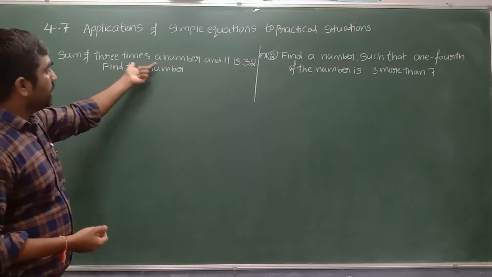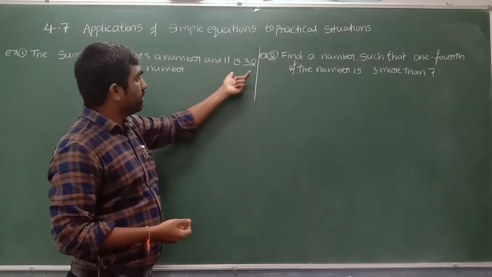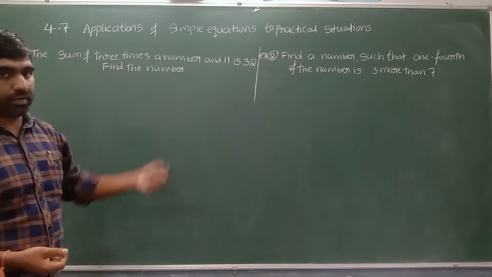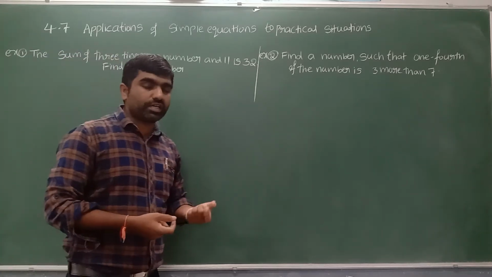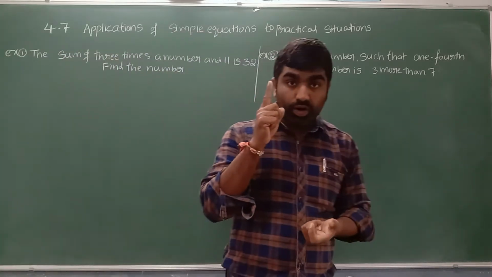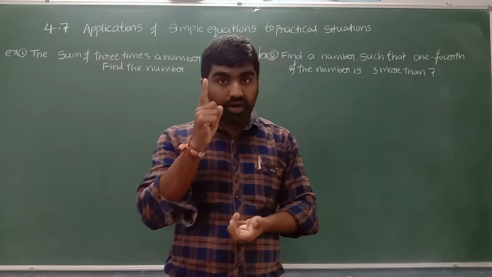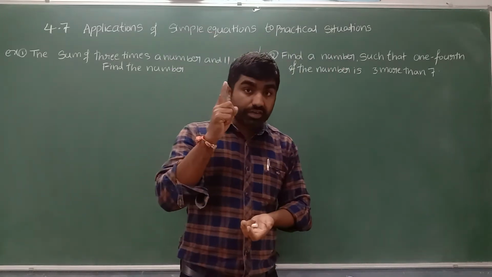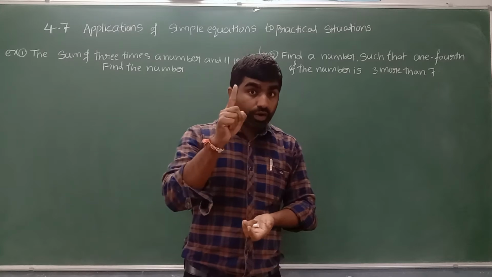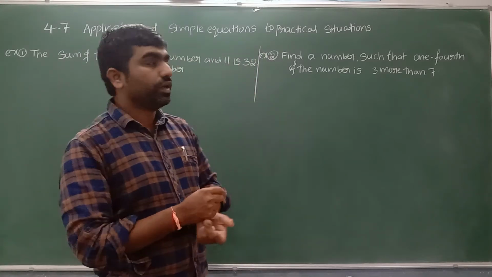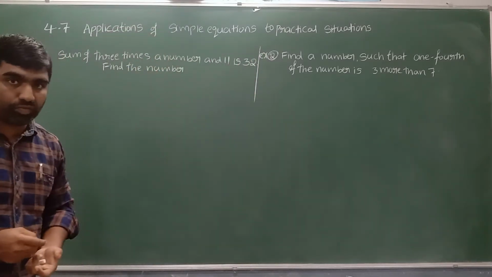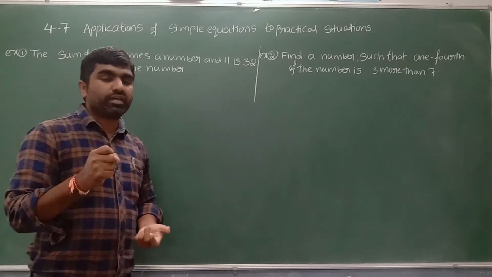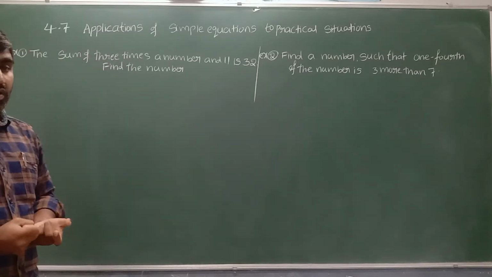The sum of 3 times a number and 11 is 32. Find the number. A simple equation is one which contains only one variable, only one alphabet, meaning only one unknown value. Here also we have one unknown value. First we need to identify that unknown value.